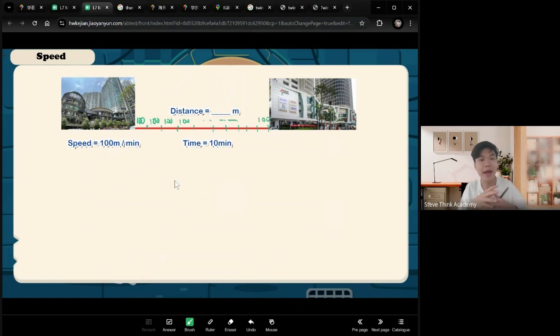Can you tell me how many meters we have traveled in total? We simply use 100 multiply 10 equals 1,000 meters. So the distance between left and right is 1,000 meters. This is how we calculate the distance, by using speed multiply time.